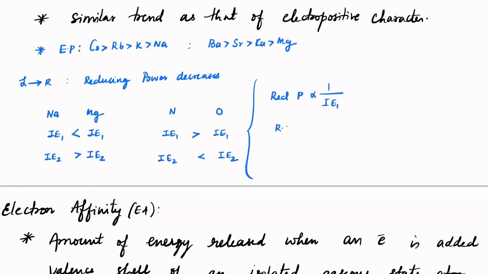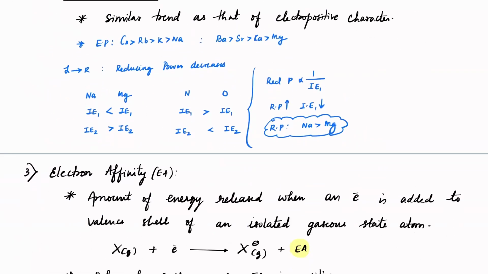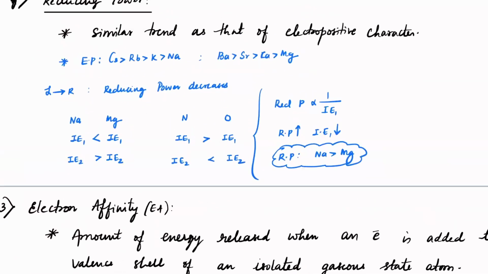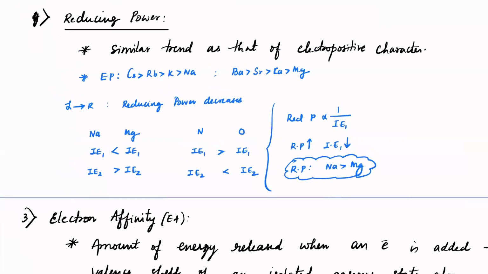So if the reducing power is more, that means the first ionization value is less. If I compare the reducing power of sodium and magnesium, sodium is more than magnesium. Clear?